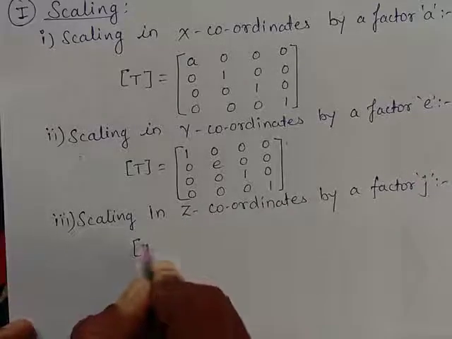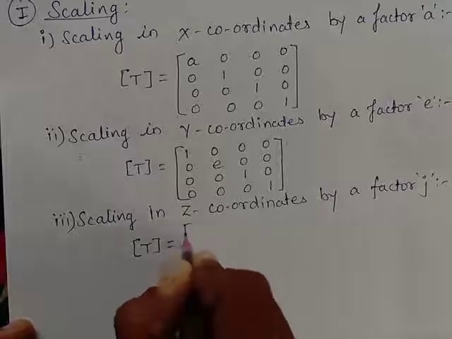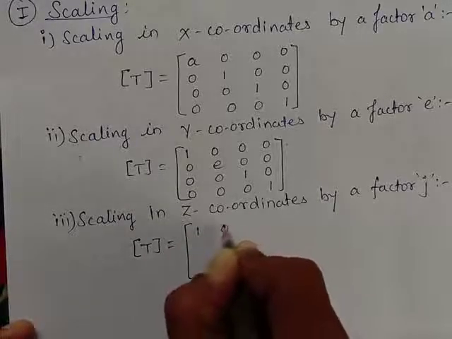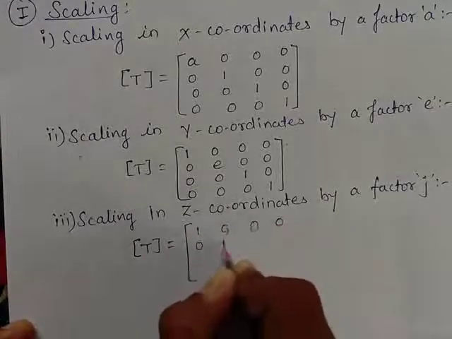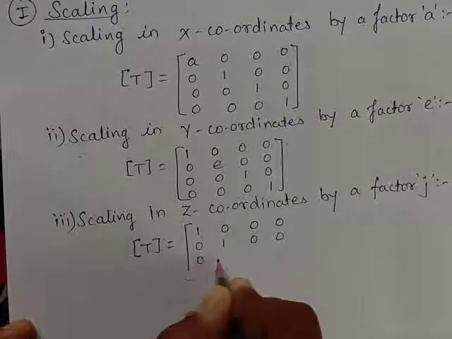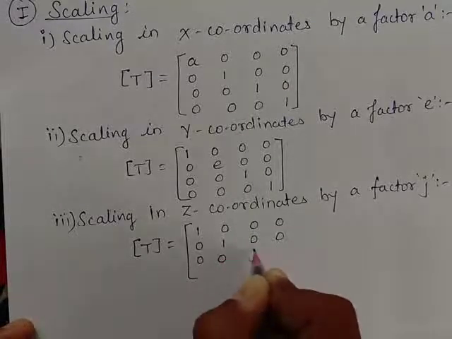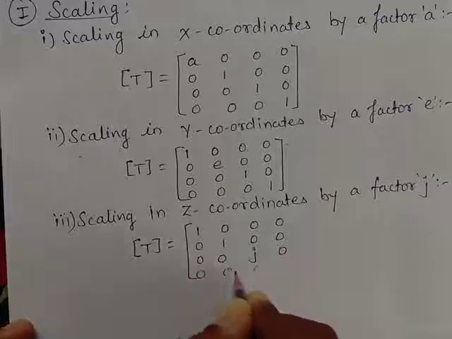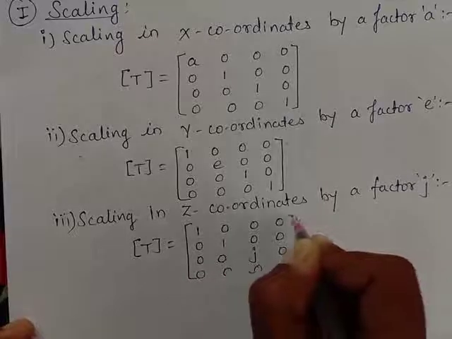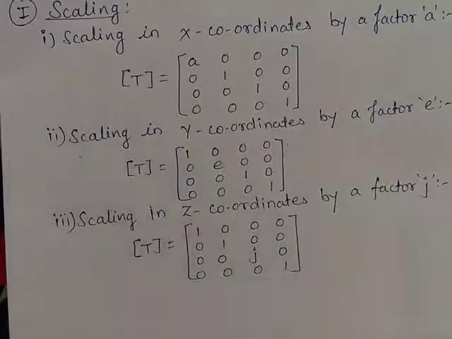Then T is 1 0 0 0, 0 1 0 0, 0 0 j 0, 0 0 0 1. This is the transformation matrix for scaling in the z coordinate by factor j.